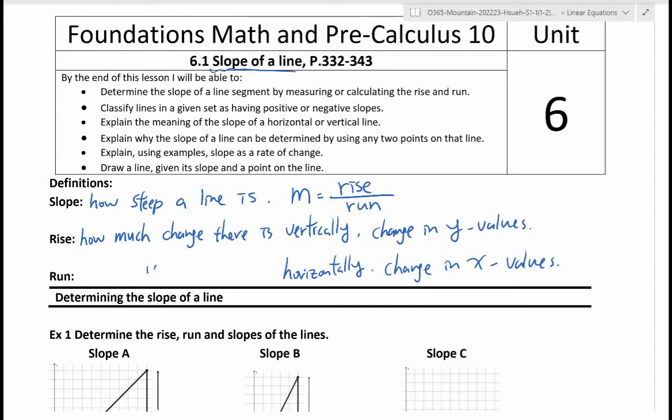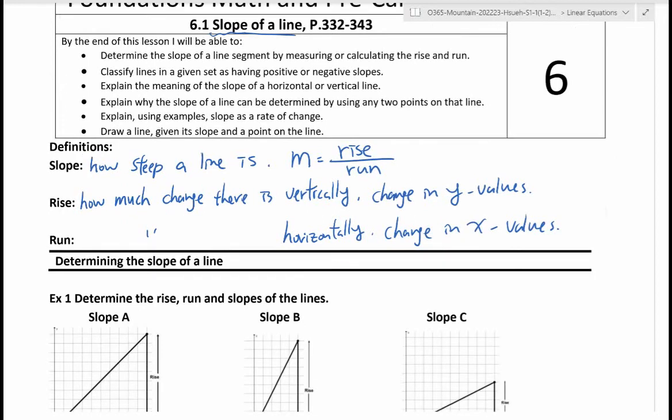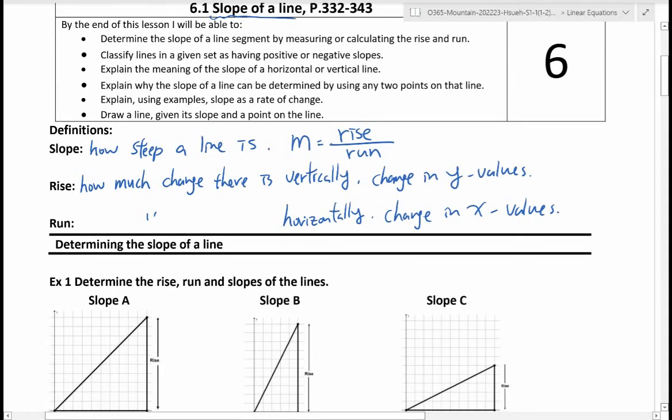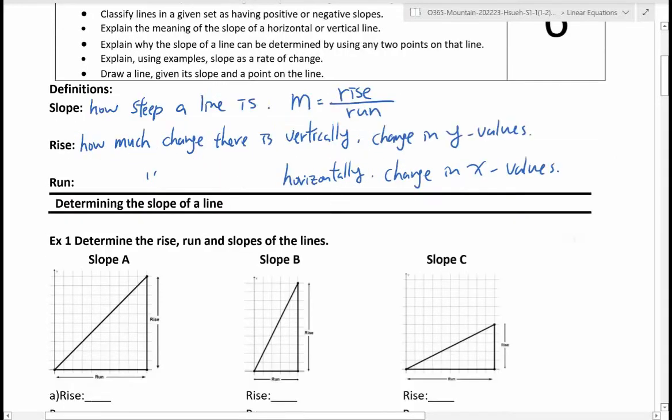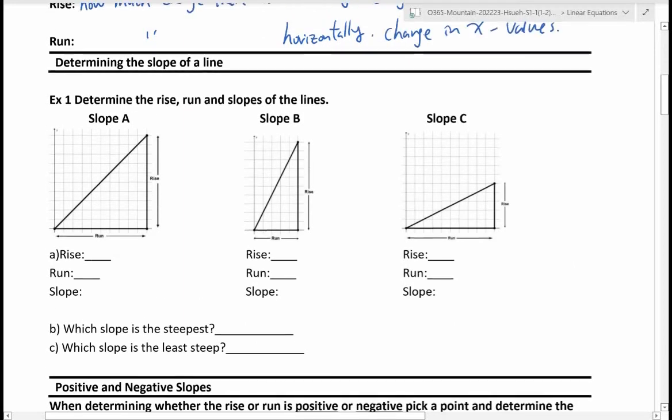And for run, we want to see how much it moves sideways. Usually we talk from left to right because that's how we graph any kind of graph on the grid, on the graph paper. So when we talk about run, we usually talk about how much it changed from left to right. It doesn't have to be though.